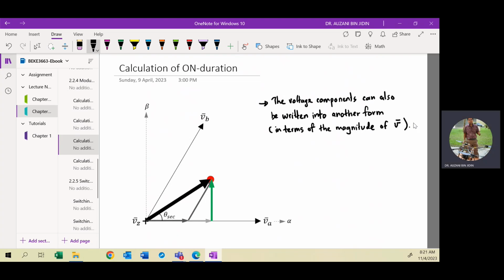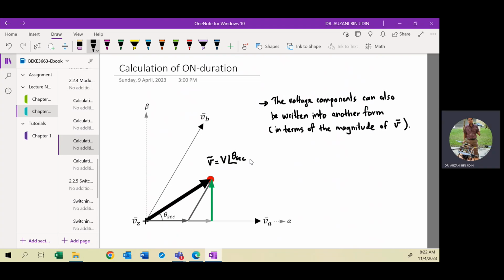Remember, your space vector consists of the magnitude and angle. In this case, the angle is theta sector. You must write the magnitude value in capital letter. So the vector has the magnitude and the angle, and you can write it in polar form.